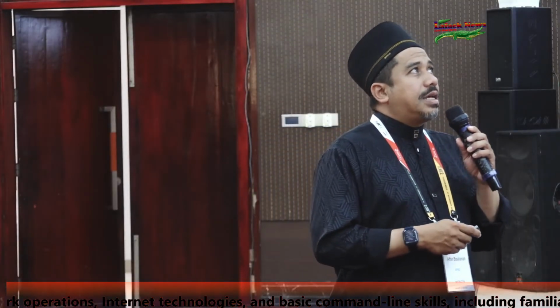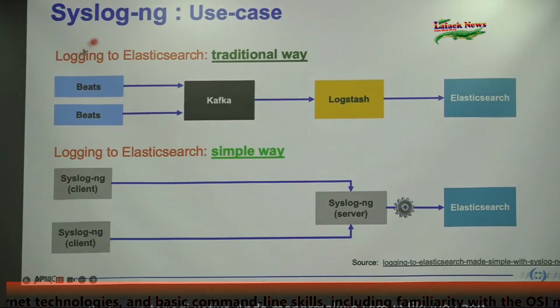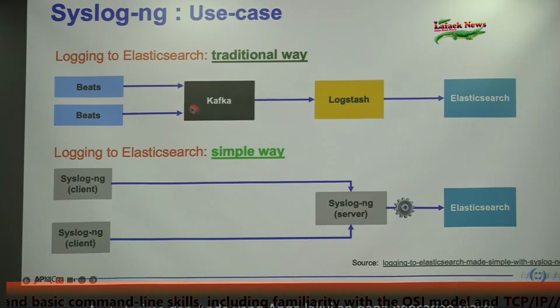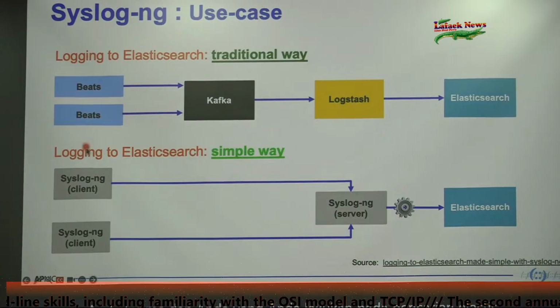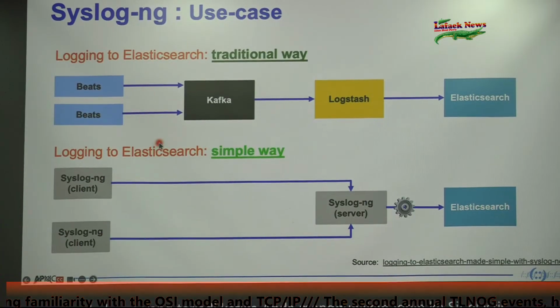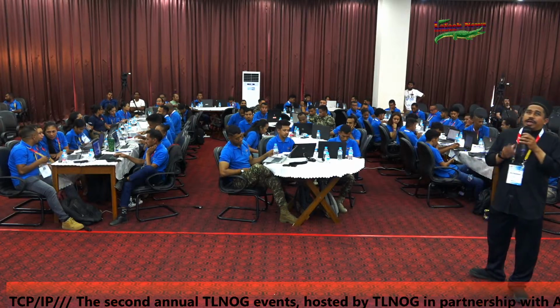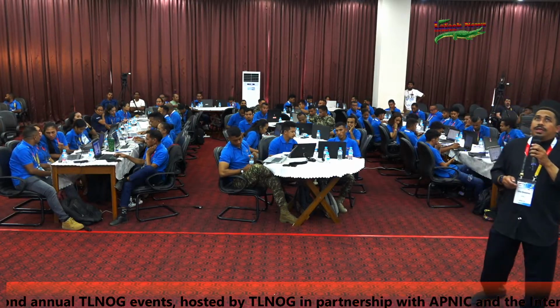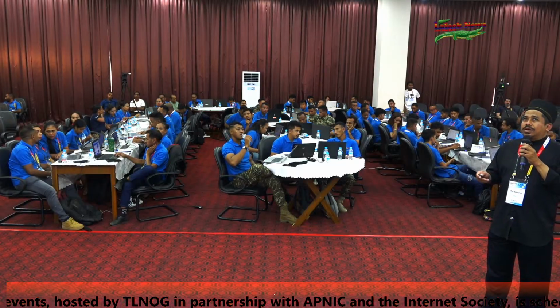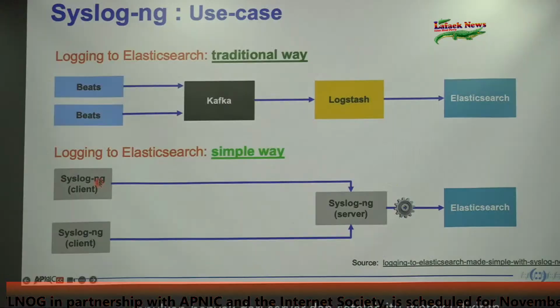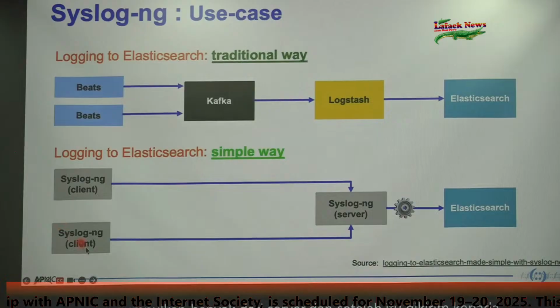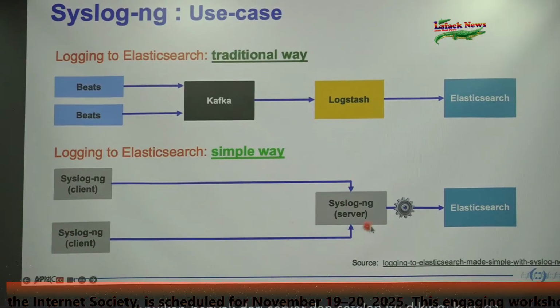So what happens when you send logs to Elasticsearch in the traditional way? There is software called Beats. Beats allows you to collect logs from the server, and after that they will send them to Kafka, Logstash, and Elasticsearch. But right now the syslog-ng client can send to the syslog-ng server.